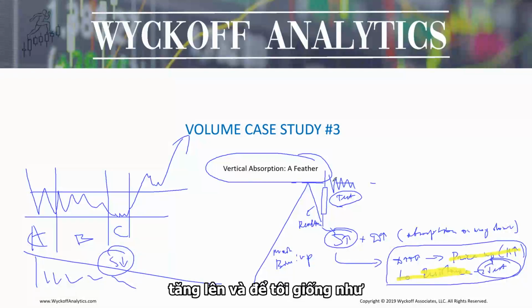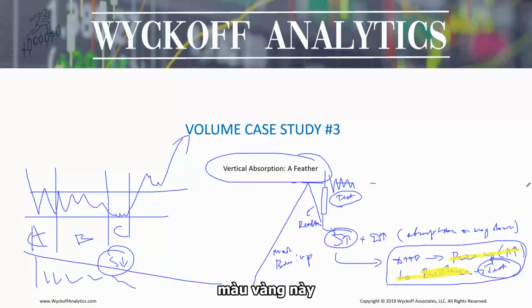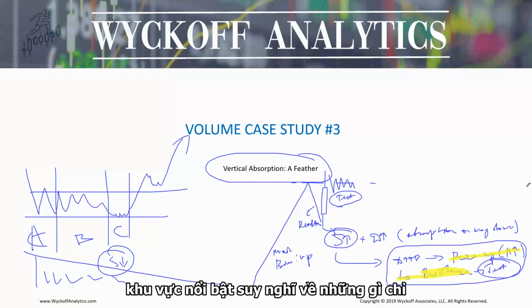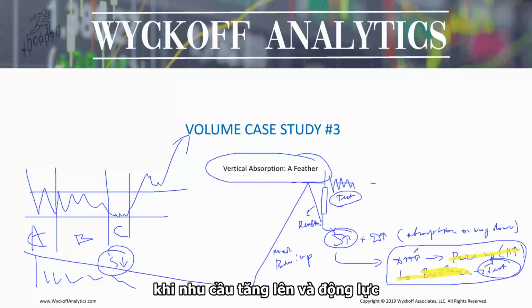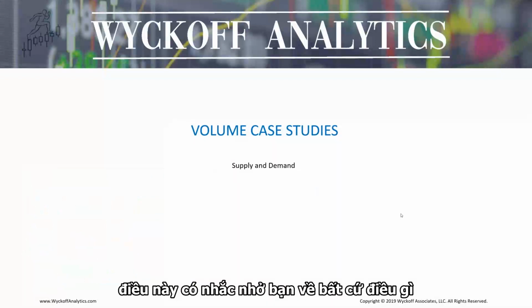Let me just jump into this, but before we do that, this yellow highlighted area, think about what I've just said. As demand increases and momentum increases, the price goes up on the increased momentum to the resistance and then produces a test. Does this remind you of anything?